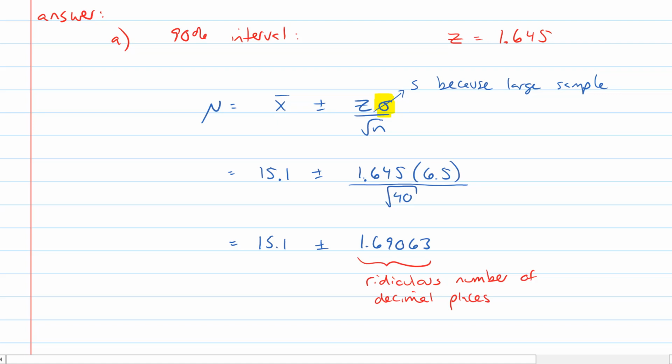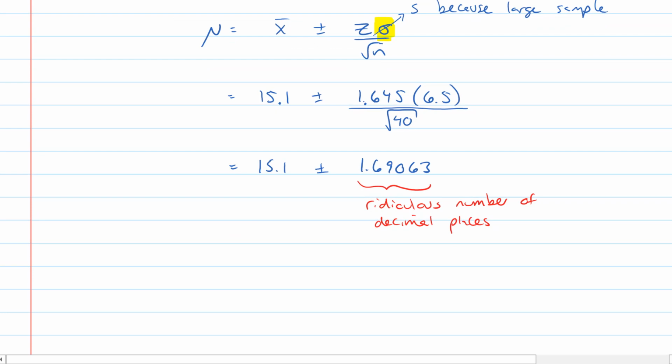And so we don't actually want to round that in our answer, because this seems to imply that we actually know it down to a ridiculous amount of precision. If you take a look at the 5th decimal place and all the rest of it, our calculation doesn't really support that, because we only knew the mean and standard deviation to the 1st decimal place.